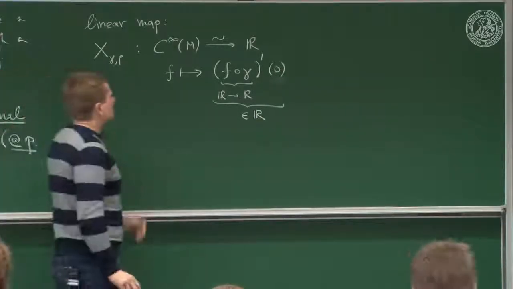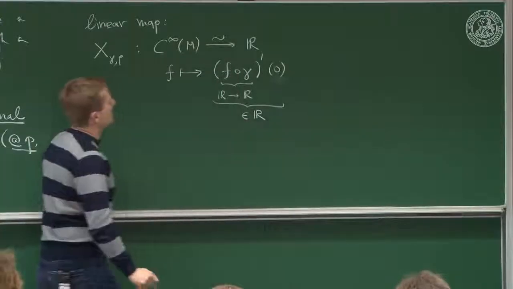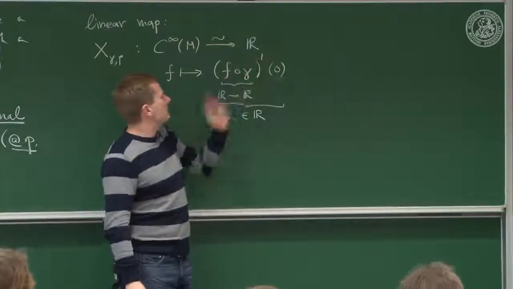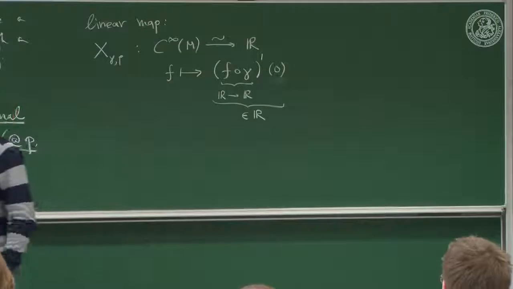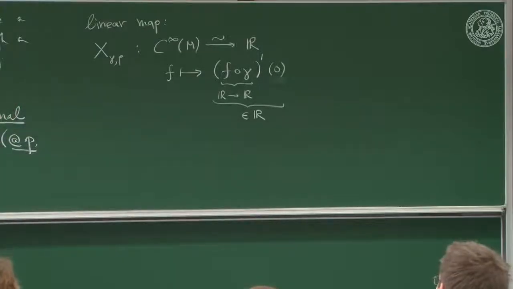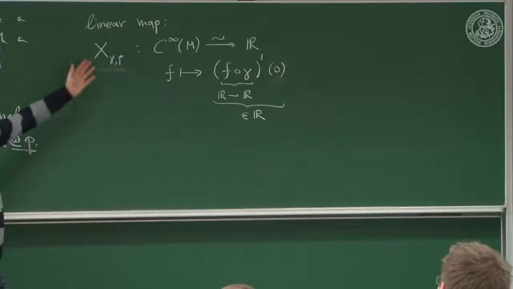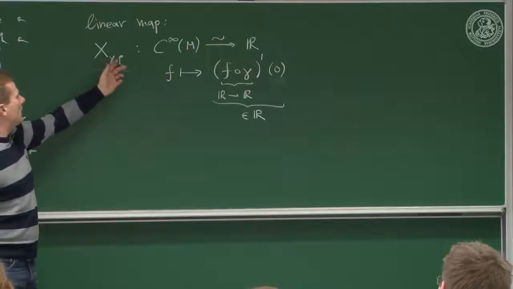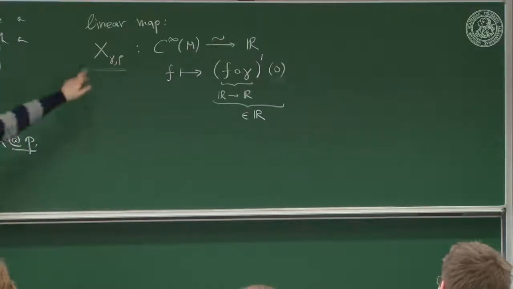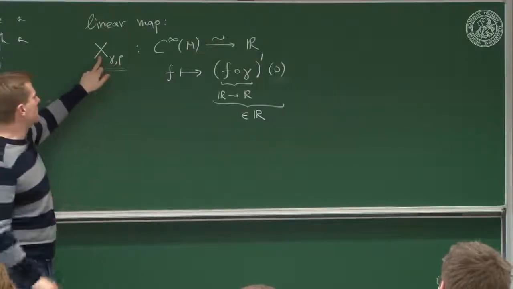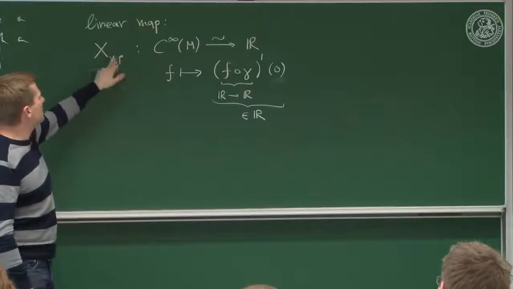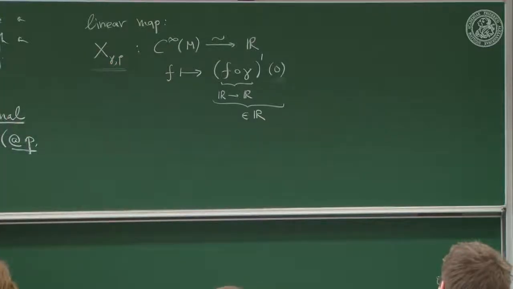Okay. Now, why is this map a linear map? Well, essentially because we take the derivative here, and we'll look into that further. So anyway, this linear map, this is the name of the linear map, is called the directional derivative operator at the point P along the curve gamma.